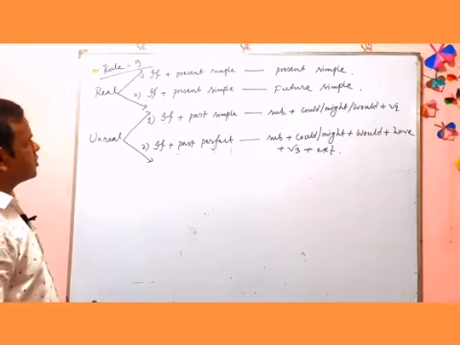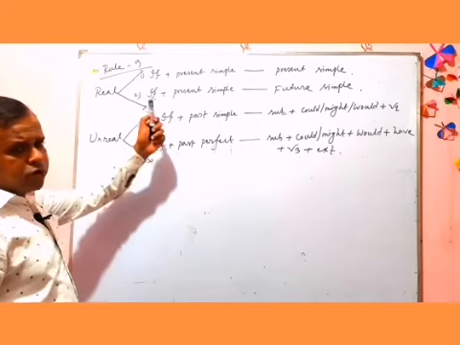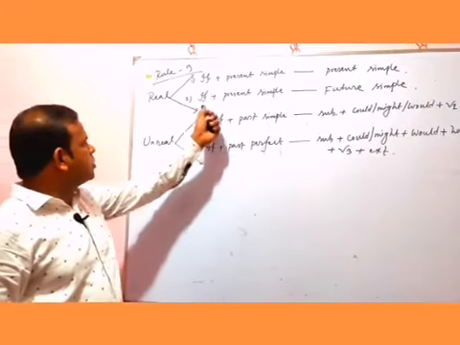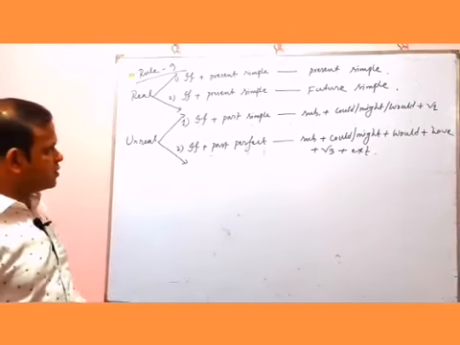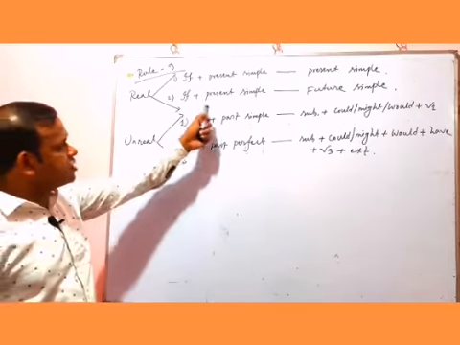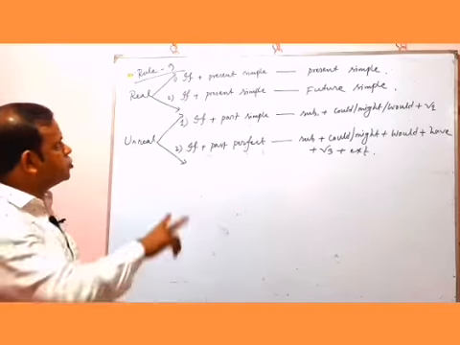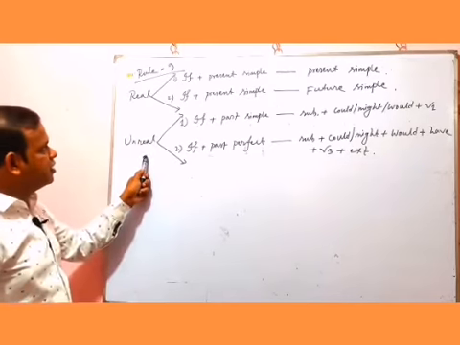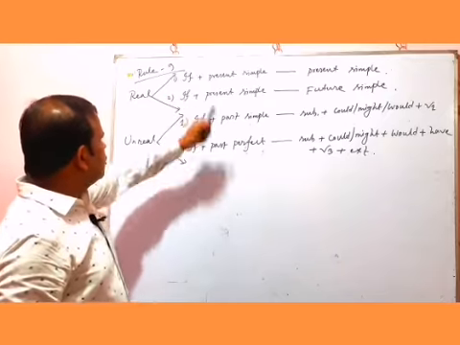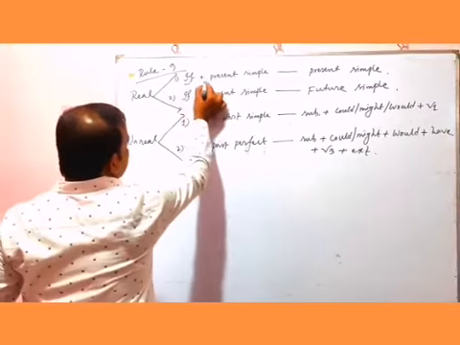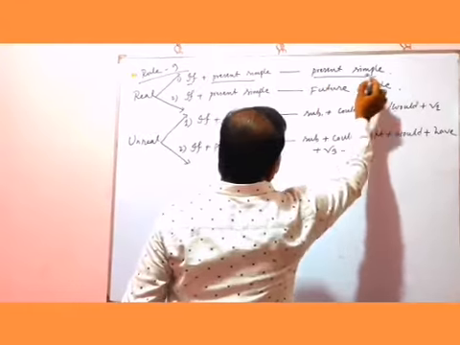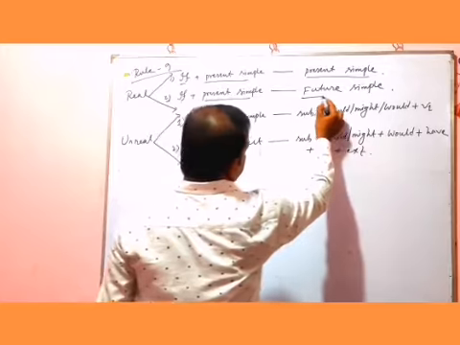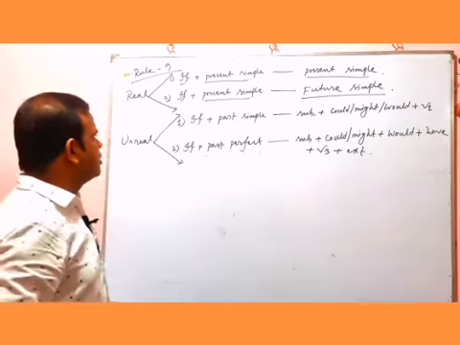Okay, my dear students, here is another important rule for you. Rule number 9. Here I have written conditional sentences. Conditional sentences can be classified in two categories. First one real and second one unreal. In this rule, first one, if plus present simple, another part will be present simple. Number 2, if plus present simple, next part will be future simple.